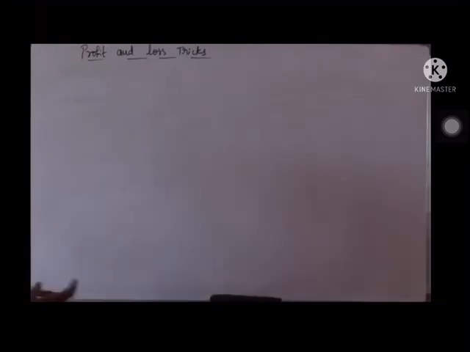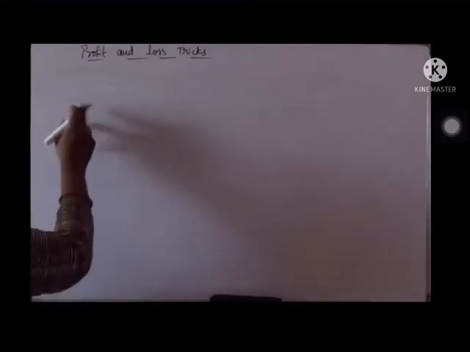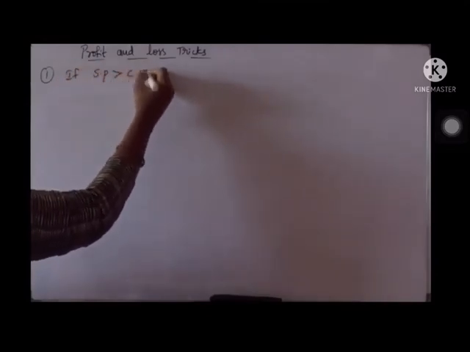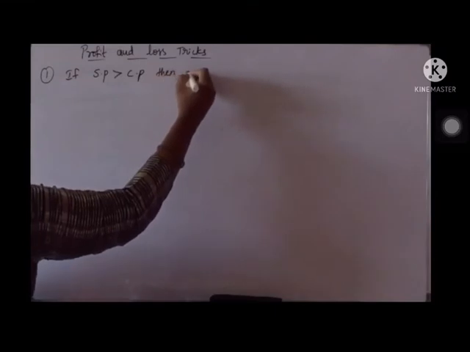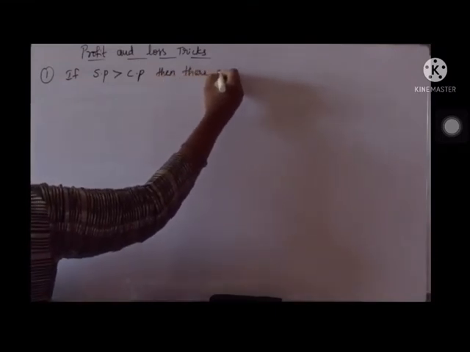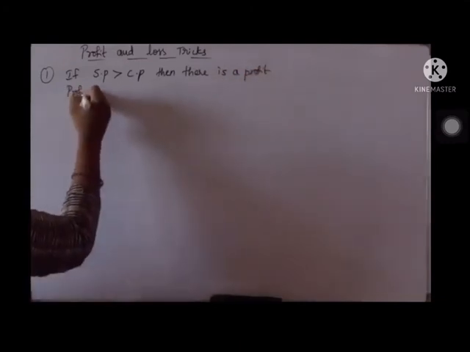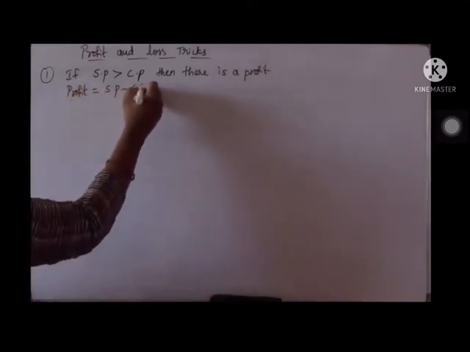Now we are going to learn some profit and loss tricks, children. You have learned until now how to calculate the profit as well as the loss and also the percentage of them. Now let us learn some tricks or formulas to solve math problems based on gain and loss, starting from the general formulas. First one, if SP is greater than CP, then there is a profit. So the profit formula is SP minus CP.